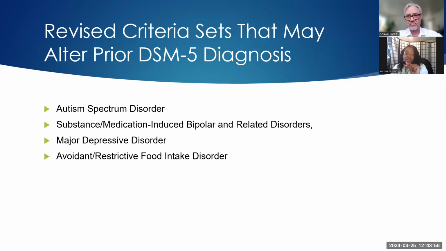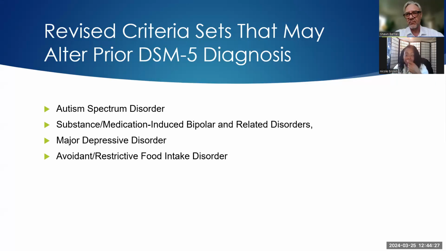There are revised criteria that were altered for autism spectrum disorder, the substance and medication-induced bipolars, major depressive disorders, and avoidant restrictive food intake disorder. Criterion A for autism is revised to clearly require that all three types of deficits be manifested by all of the following.